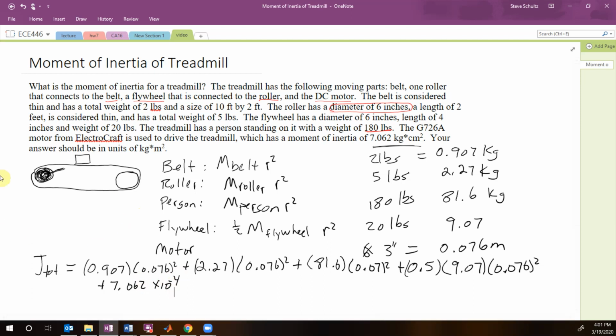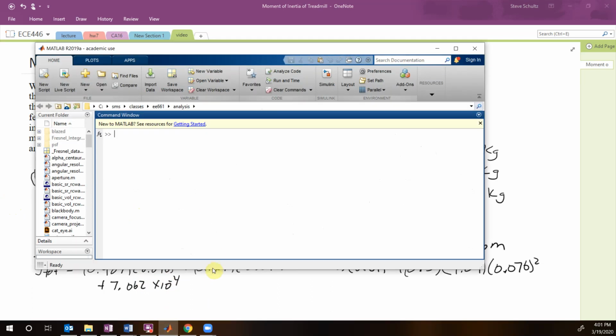Okay, and then we just have to add all of these up, and we are done.